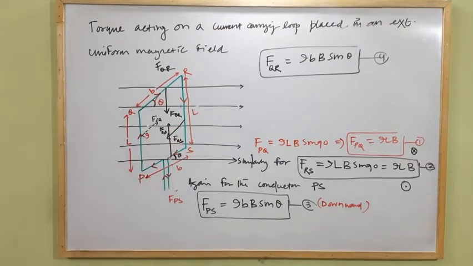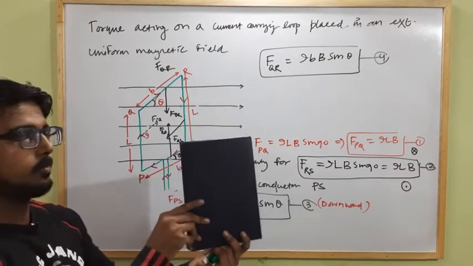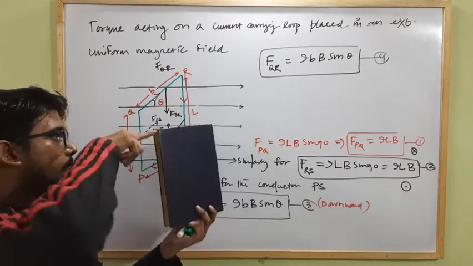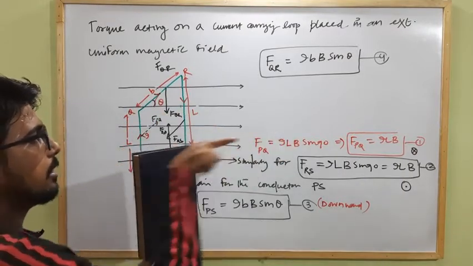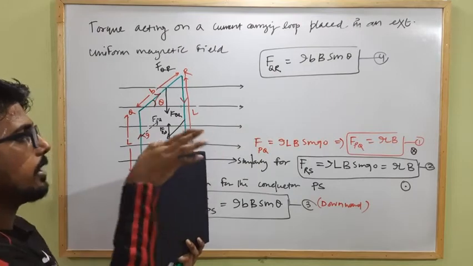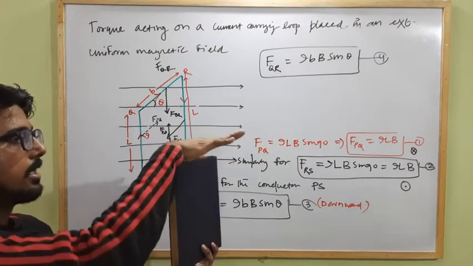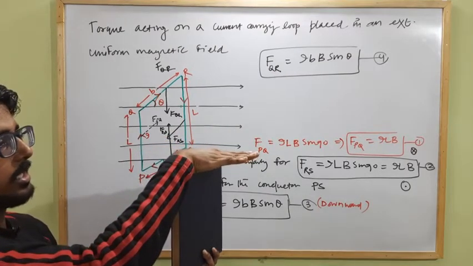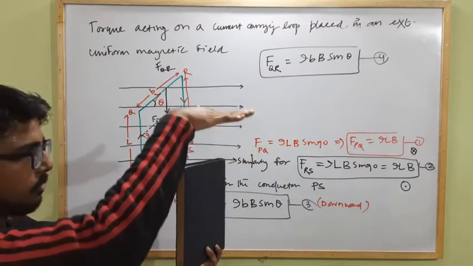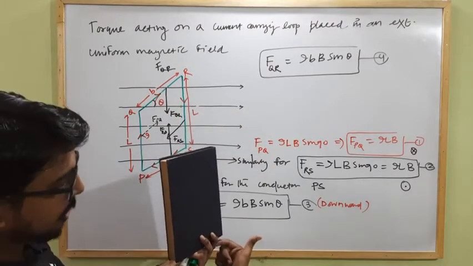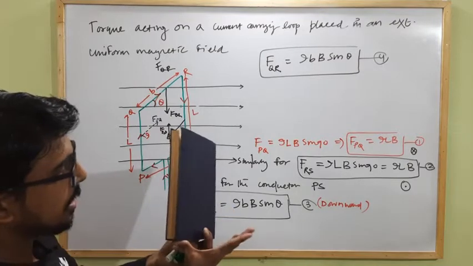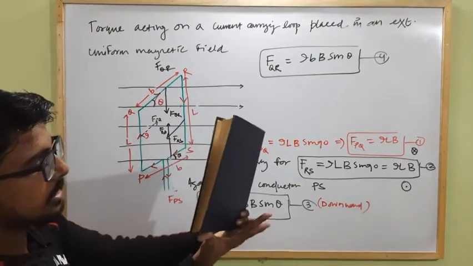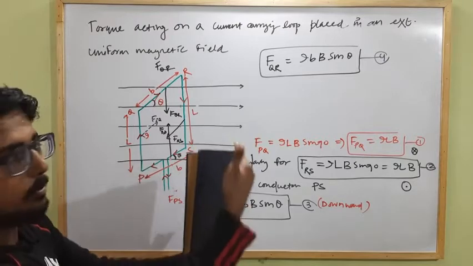Clear? As we saw, this is the current carrying loop. Here the current is flowing like this, and the magnetic field is along this direction. So if I put the thumb along the direction of length and the fingers along the direction of magnetic field, the force will be downward. And here the current goes like this, so putting my thumb along this direction and the fingers along the horizontal field, the force will be upward.